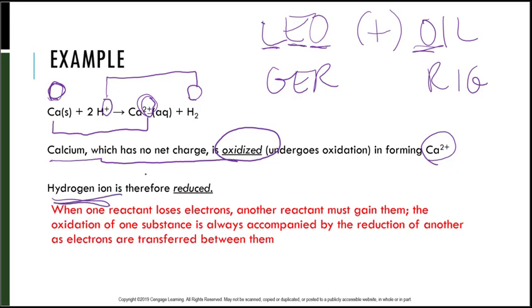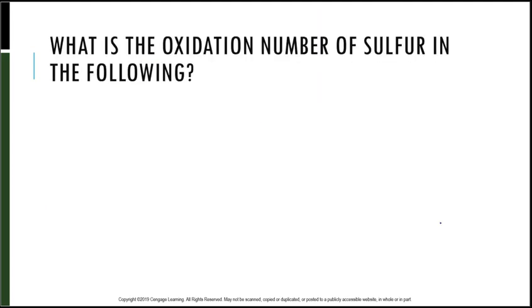Therefore, our hydrogen ion is reduced, right? We went from H+ to neutral, so it gained electrons. It was reduced. When one reactant loses electrons, another reactant must gain them. That is what these oxidation reduction reactions are showing. The oxidation of one substance is always accompanied by the reduction of another as electrons are transferred between them.